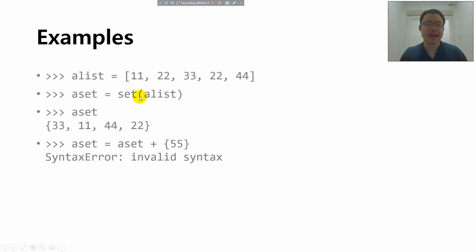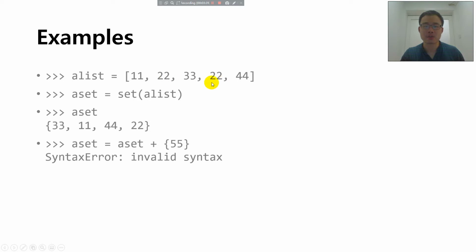How do you create a set? You create a set by using the set function, kind of like you use list or tuple or str. When you create a set from a list, you will find that the duplicate elements of the list have been eliminated.